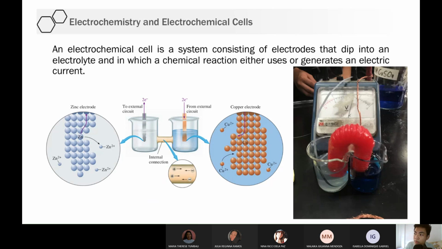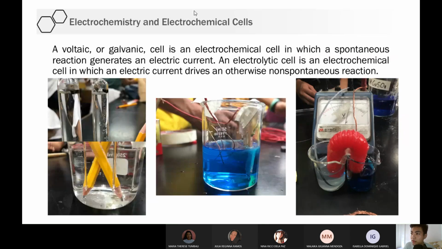At least we saw that this setup really works. It's not made up by the Illuminati. The potential of the cell really shows. Okay? So that is the electrochemical cell setup.